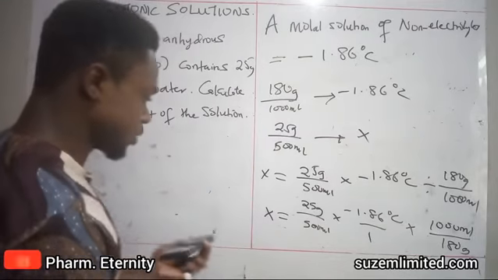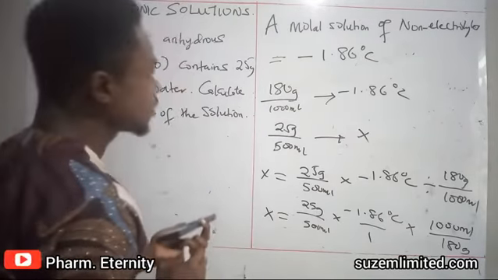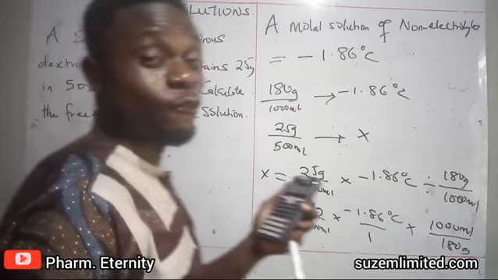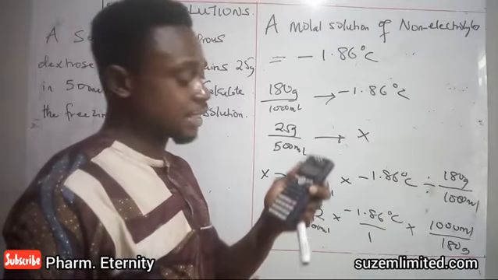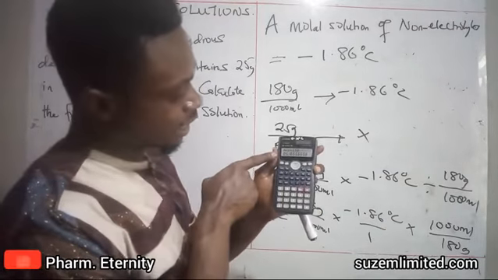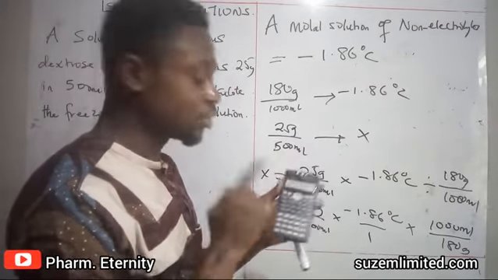This will give us 0.51666, approximately 0.52 degrees Celsius.